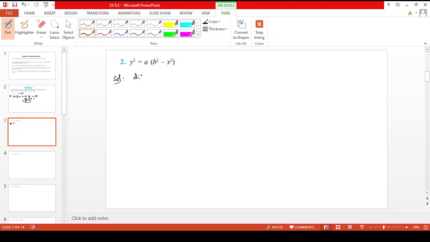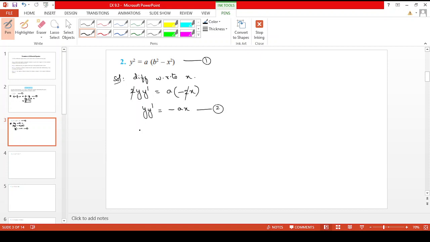First, differentiating with respect to x: y square differentiation is 2y y dash, into a, b square differentiation is 0, minus x square differentiation is 2x, so minus 2x. Both sides have a common multiple 2, which I am cancelling. Therefore from this we get y y dash equals minus a x. Let us consider this as equation 1 and this as equation 2.